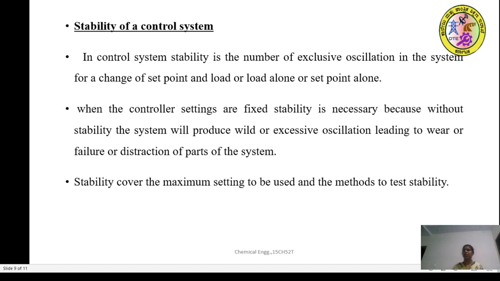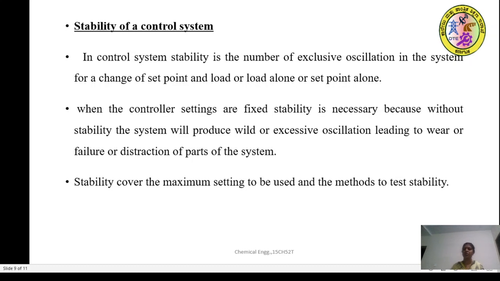When the controller settings are fixed, stability is necessary, because without stability the system will produce wild or excessive oscillation, leading to wear, failure or destruction of the parts of the system. So for any system, stability is very important in order to get the proper output.